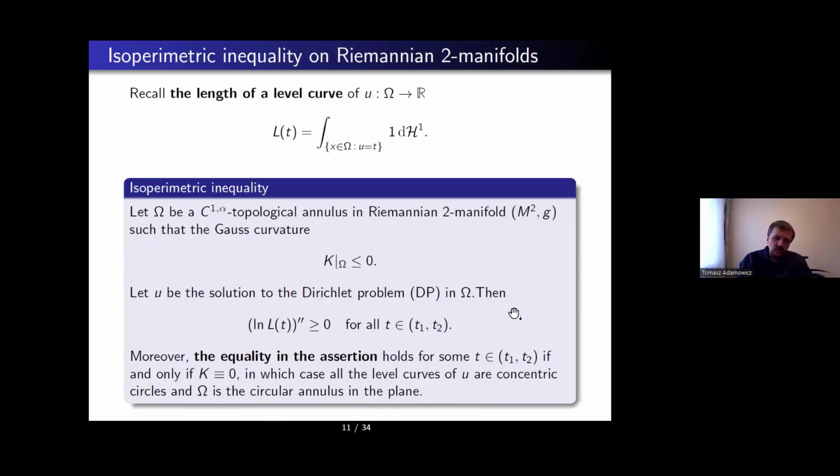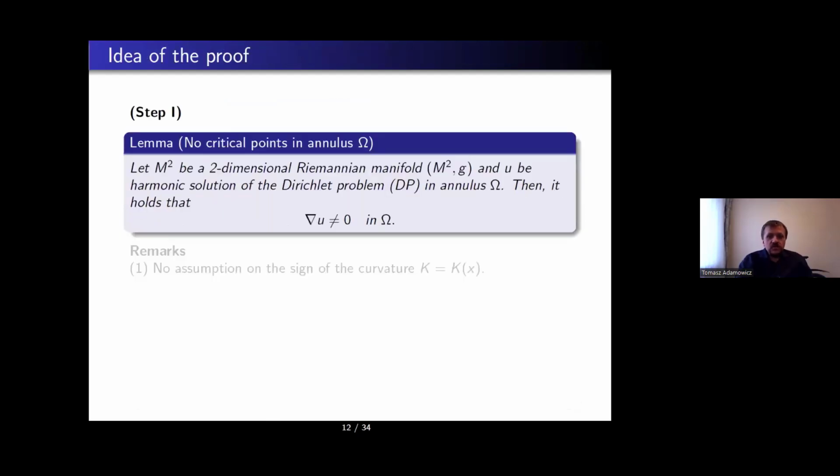If you compare it to previous results, the key difference is the appearance of the Gaussian curvature and the condition that it is non-positive. A few words about the sketch of the proof. The first step is to observe that under our assumptions, the gradient is non-vanishing.